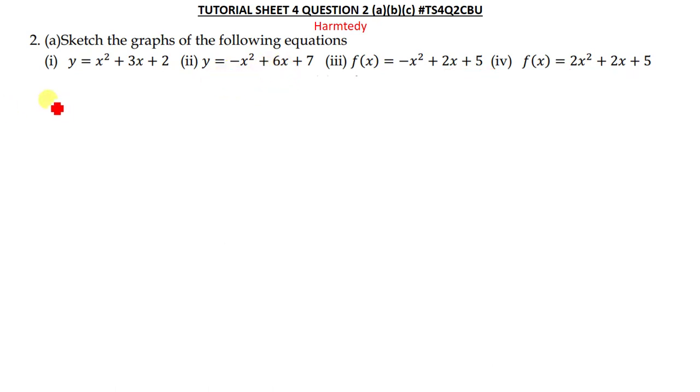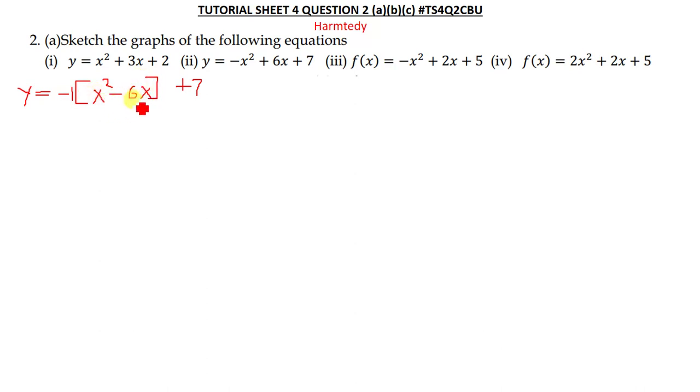So this one, we first use the completing the square method. We're saying y is equal to, we factor out the -1, so we're going to have x squared remain alone there, and then we have -6x, and then plus 7.